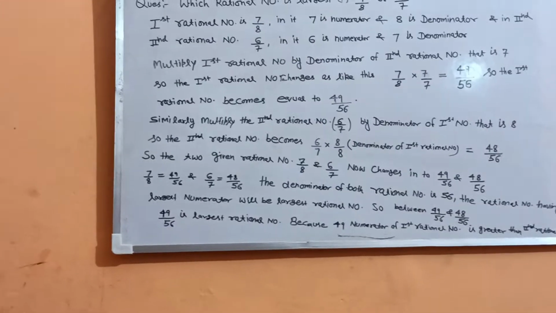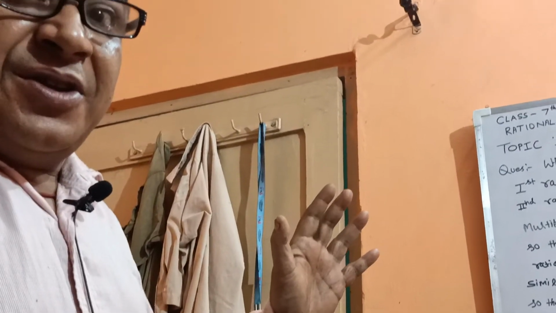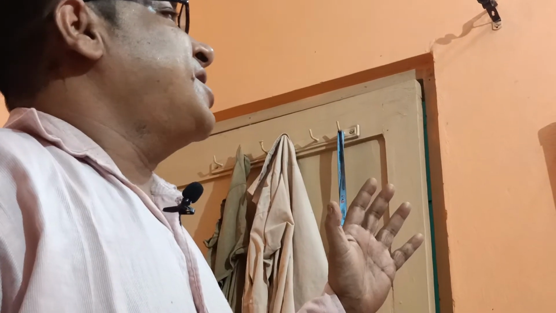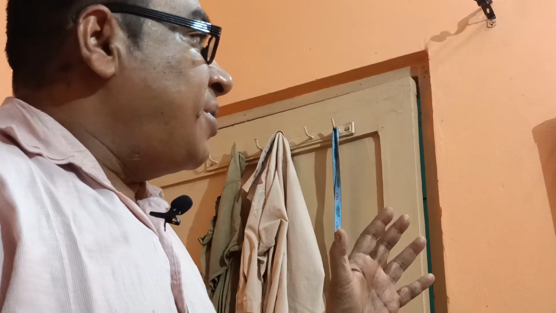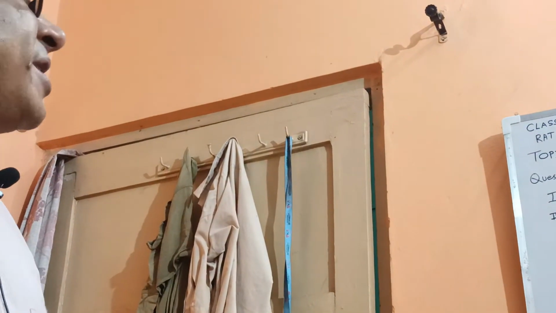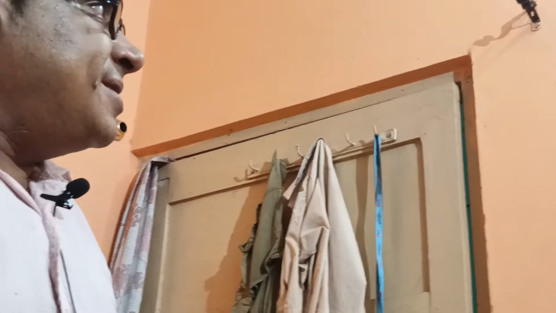I explained in expanded form all the theory, how you can decide which rational number is largest. But now we will take some examples, and I will not explain in expanded form, only the technique to solve quickly which rational number is largest.